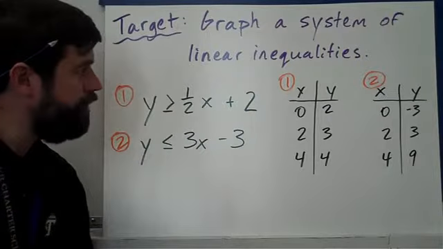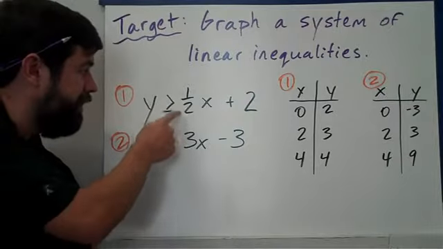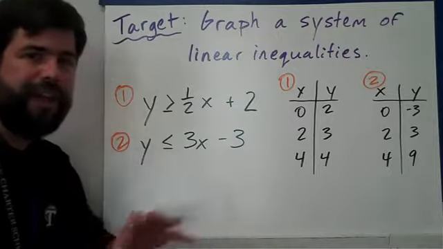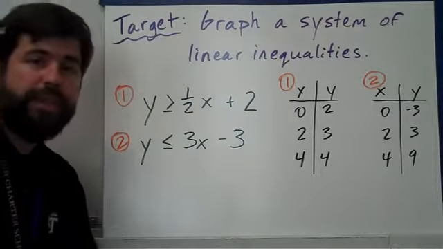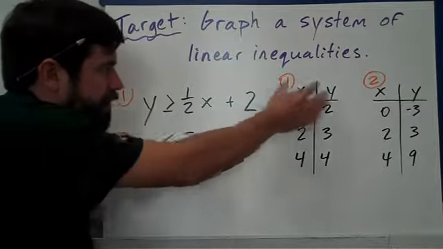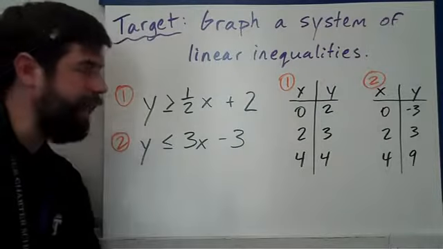Okay, so what we're going to do basically is graph the two lines that separate the shaded and the non-shaded section, and then we'll decide which side to shade. So you know that to graph a line, you just make your XY chart and choose some convenient x's.